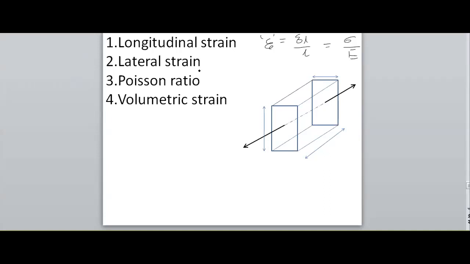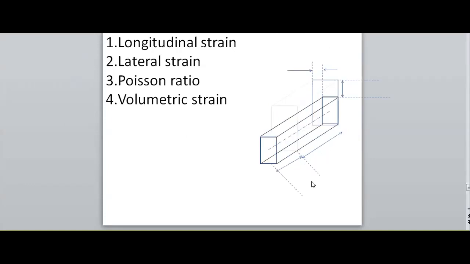Next one is, what is a lateral strain? If you see the second diagram, due to the external load applied on the body, the component dimension is changing.